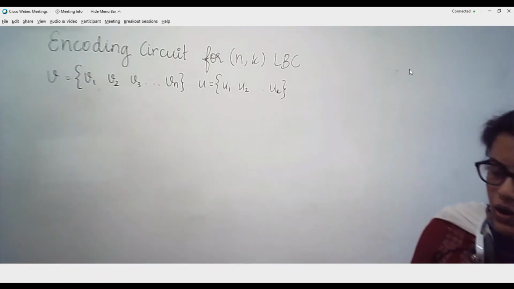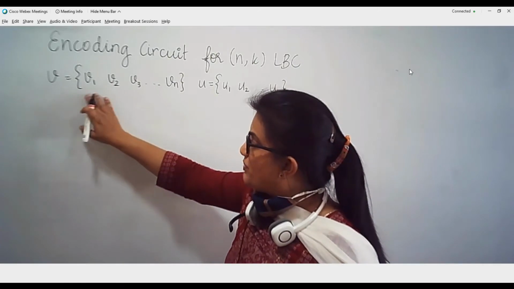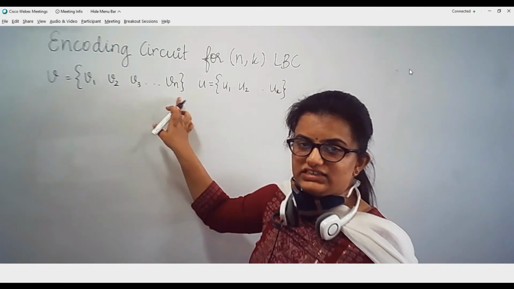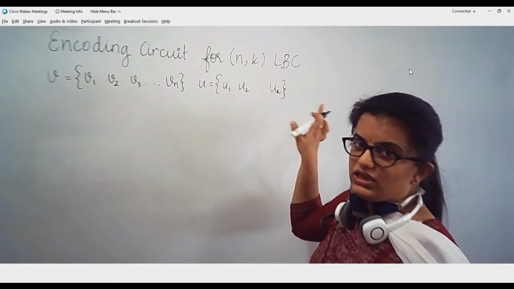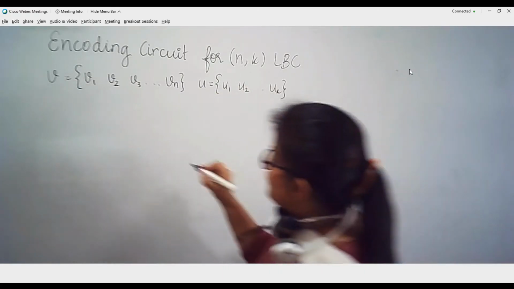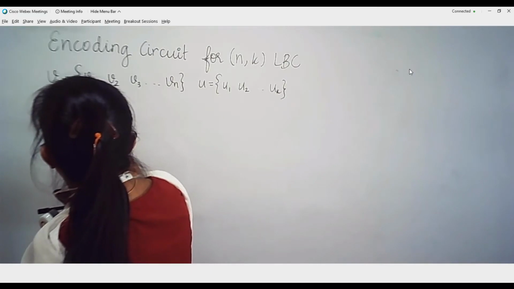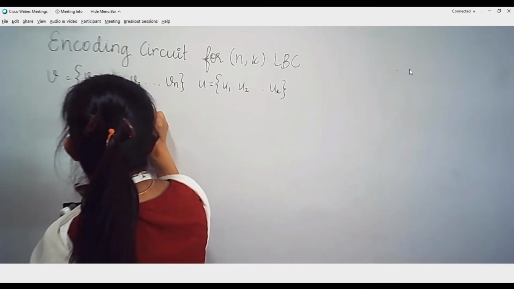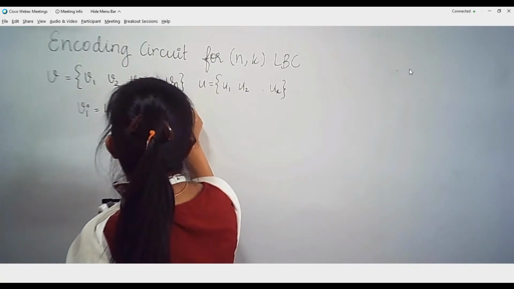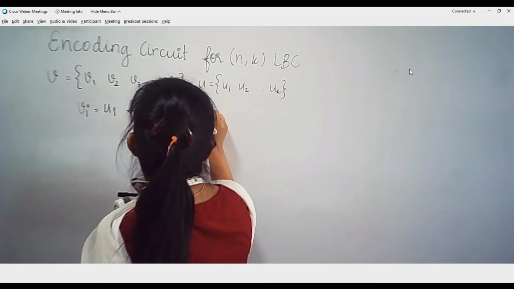All the code word is expressed by making use of the k input bits. So we had the formula that Vi will be equal to Ui for all i running from 1 to k.